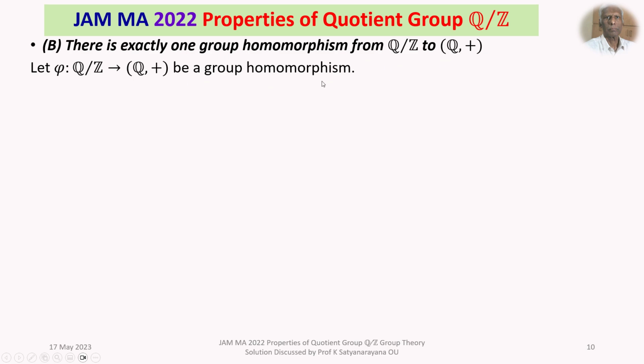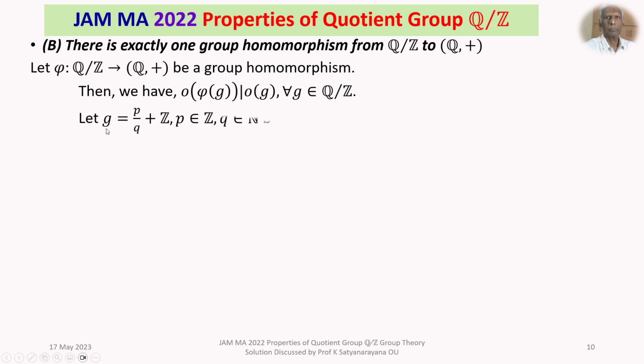Now recall a result on homomorphisms: the order of phi of G divides the order of G for all G belonging to Q by Z. Here phi of G means the image of G, which will be in Q, and its order divides the order of G. This is a very important property of homomorphisms.